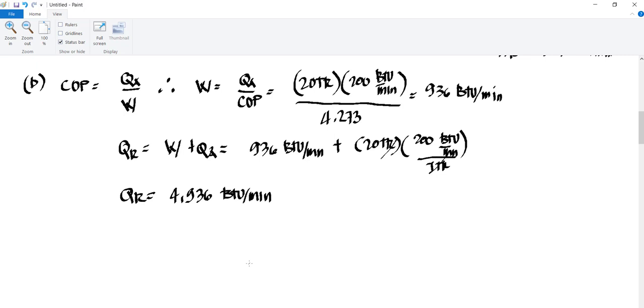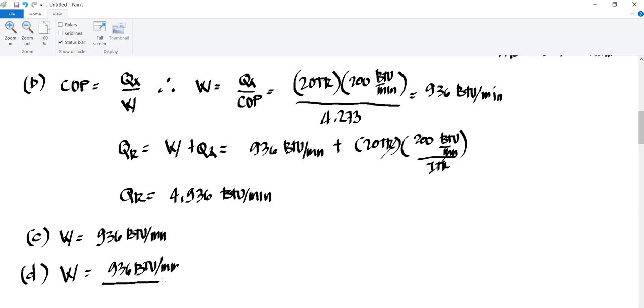Now for letter C. So what will be the work? So work has already been computed, 936 BTU per minute. Then for letter D, we have the work, 936 BTU per minute, divided by 42.4 BTU per minute, which is equivalent to 1 horsepower.